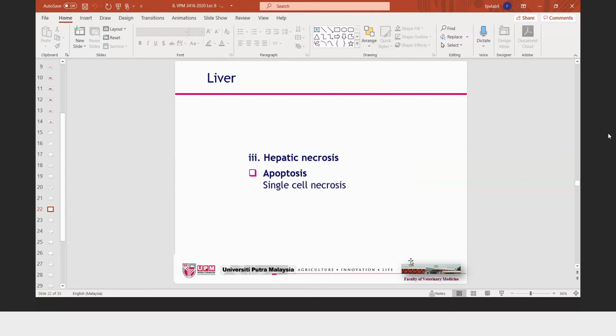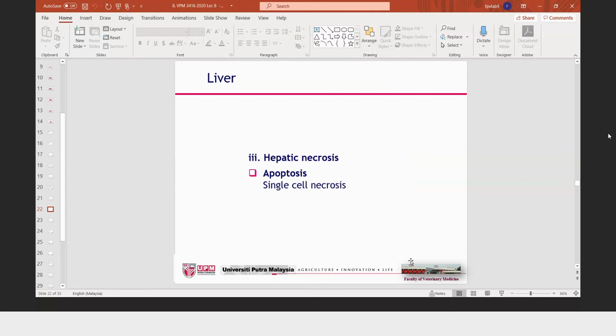But this is still mostly theory and a challenge, because many of the drugs used are able to damage the tumor cell, and to a certain degree, a small percentage, also damage the normal cell. So apoptosis is a single cell necrosis.